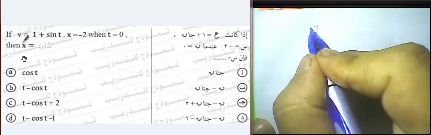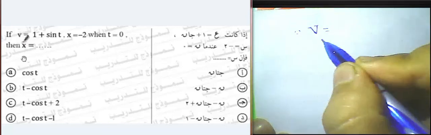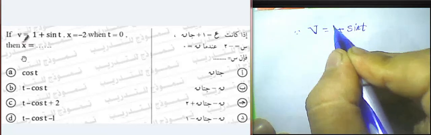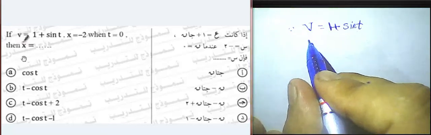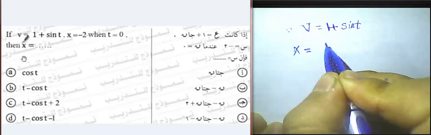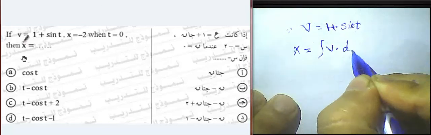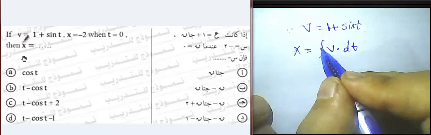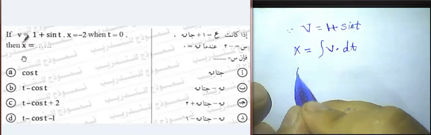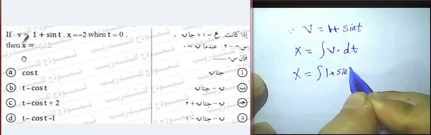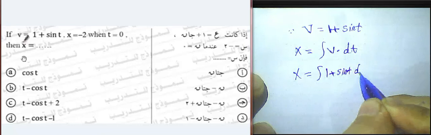The velocity is 1 plus sine t, so we can substitute v equals 1 plus sine t, dt.